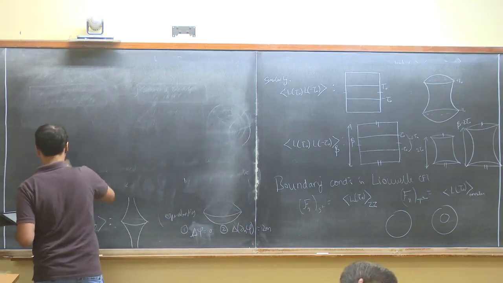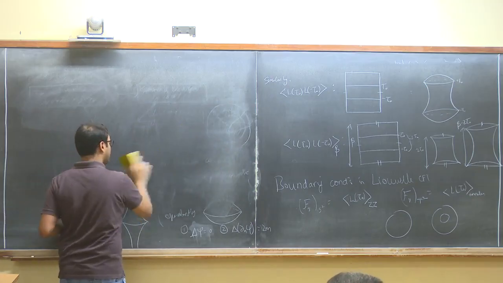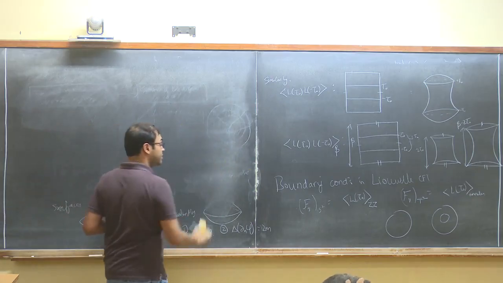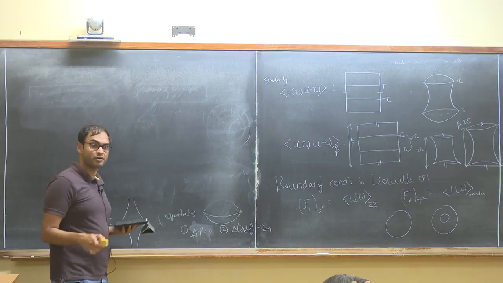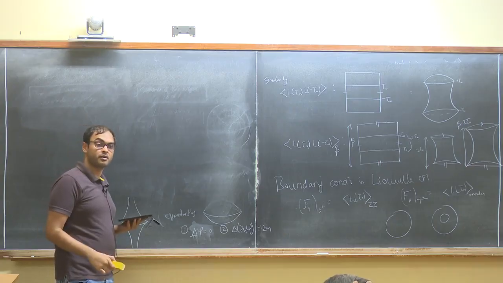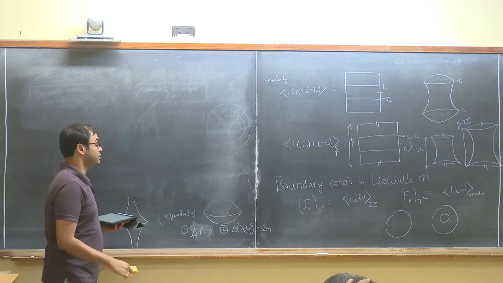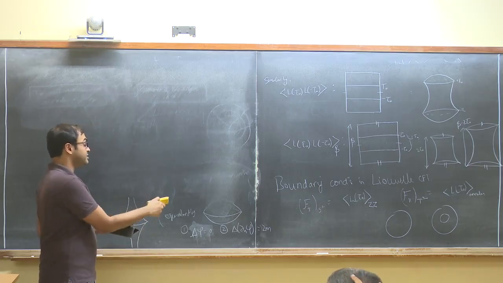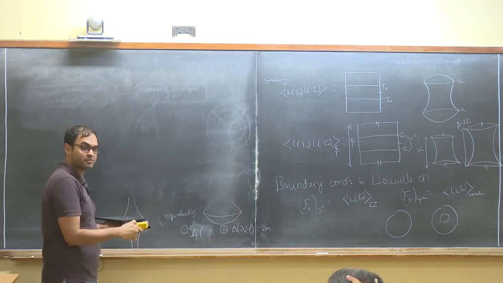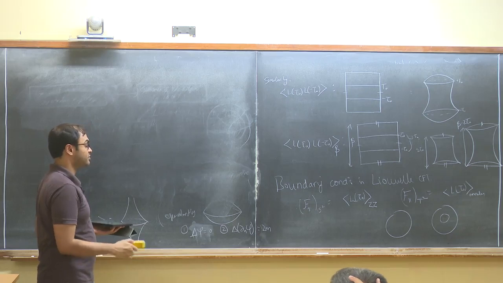This F1 is defined in any CFT? Yes, modulo the subtleties that you pointed out last time. But I guess this is really a representation theoretic object, so maybe those subtleties don't matter.